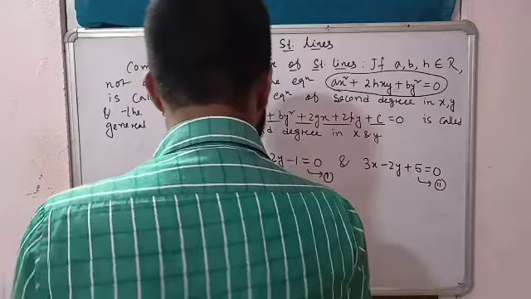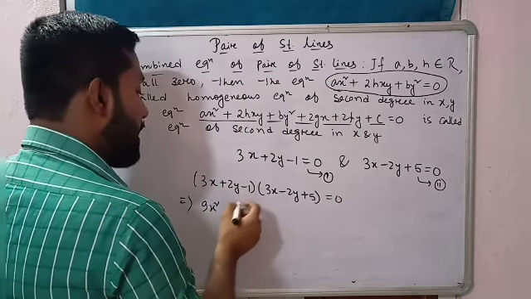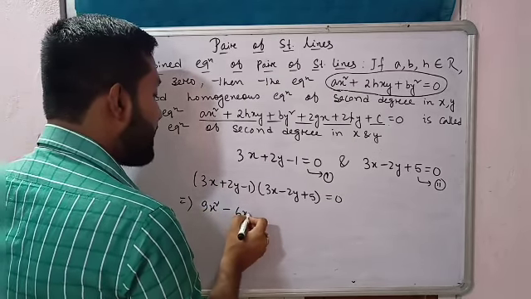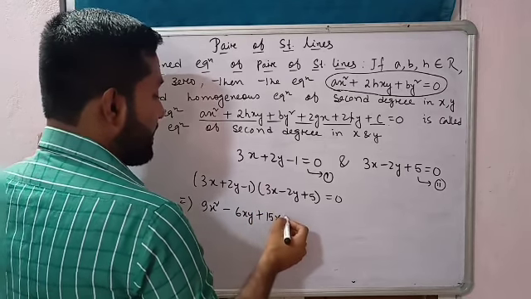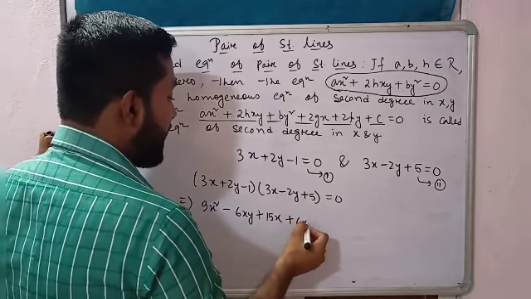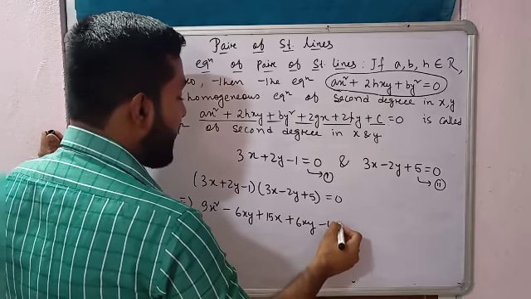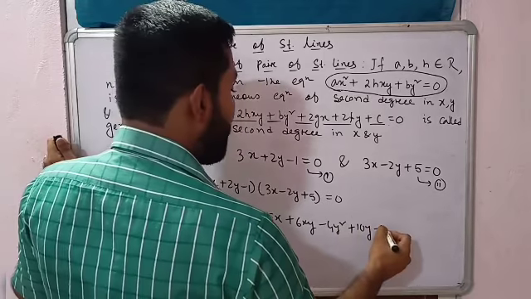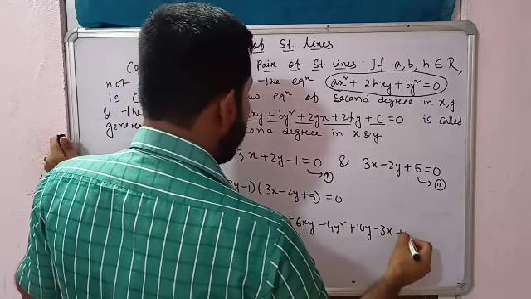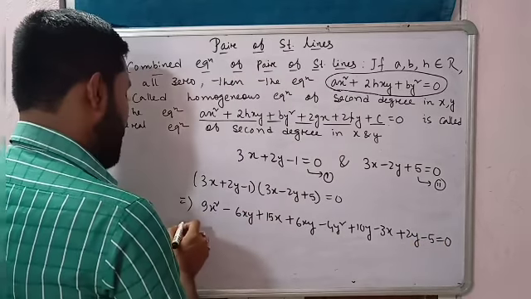Alright, so now expand it. 3x into 3x, that is 9x square minus 6xy plus 15x plus 6xy minus 4y square plus 10y minus 3x plus 2y minus 5 is equal to 0.